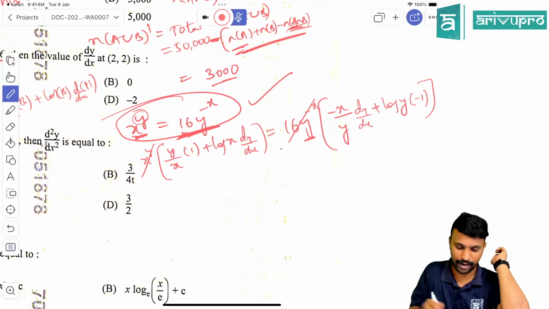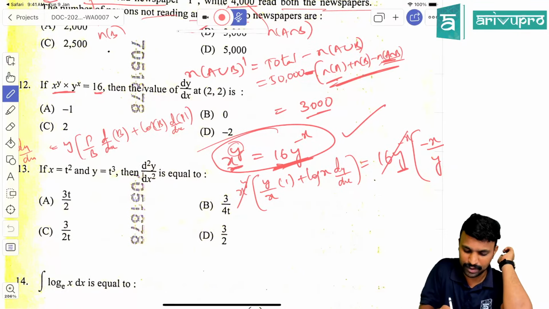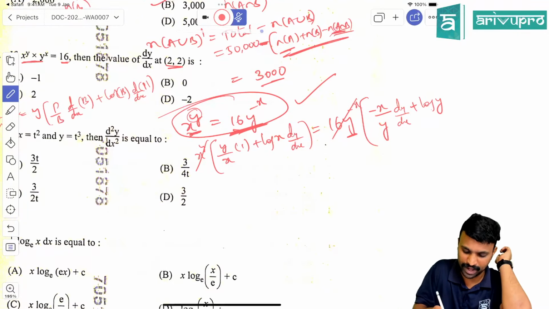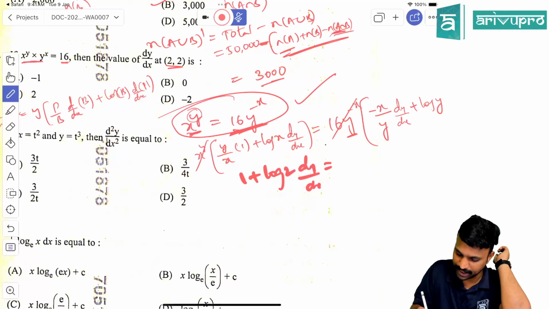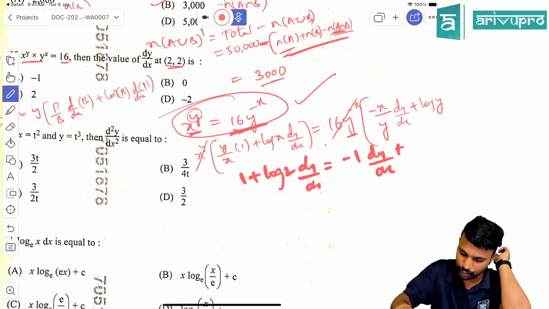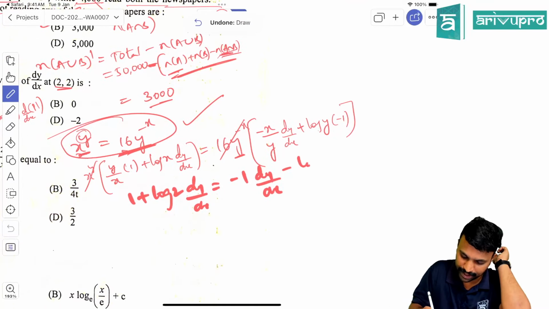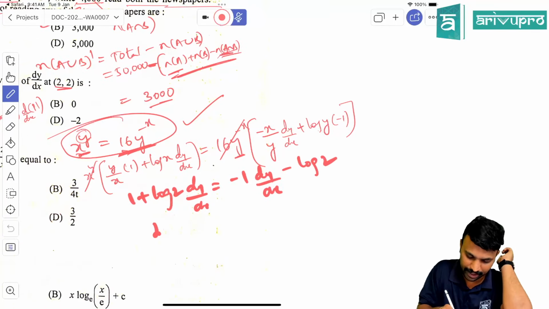Yes or no? Now y by x, guys, they have given the values of x and y. Substitute them. Y by x becomes 2 by 2, which is 1, log of 2 into dy by dx, and on the right hand side minus 2 by 2 is minus 1, dy by dx. Log of 2 means minus log of 2, sorry, because plus into minus is minus, minus log of 2. Combine dy by dx terms together.